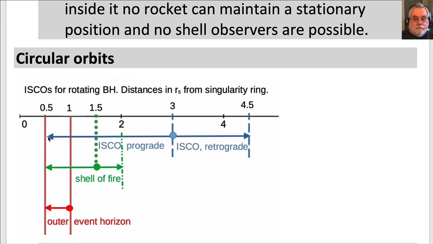Within the shell of fire, inside the outer ergo surface, and close to the outer event horizon, the retrograde ISCO gets pushed toward 4.5 Schwarzschild radii. The closer in, stable, prograde circular orbits lead to increased temperature of and radiation from an accretion disk, which we will cover, that circles around the rotating black hole.